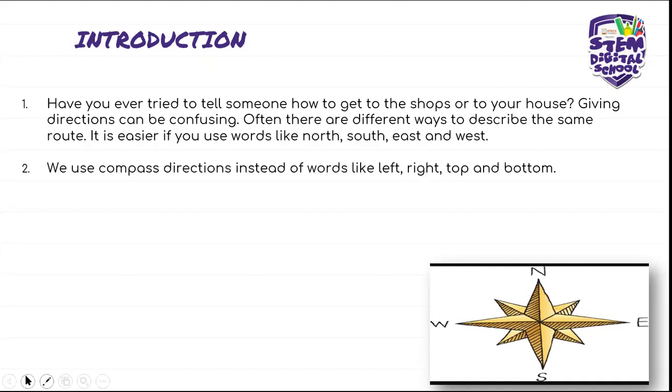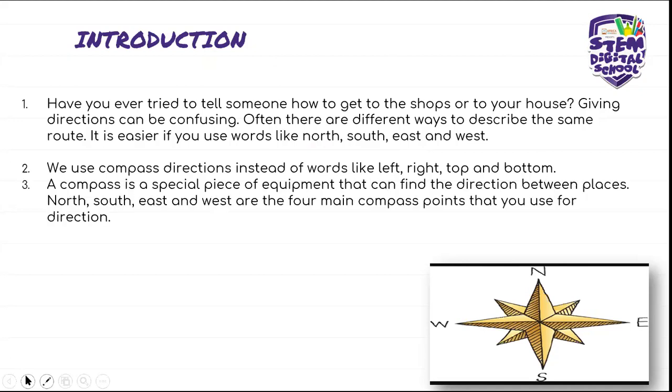We use compass directions instead of words like left, right, top, and bottom. As I've said, a compass is a special piece of equipment. As you can see down there, it is very special.